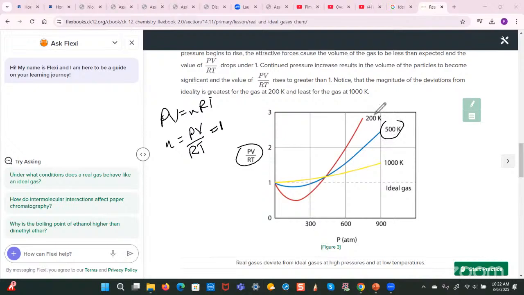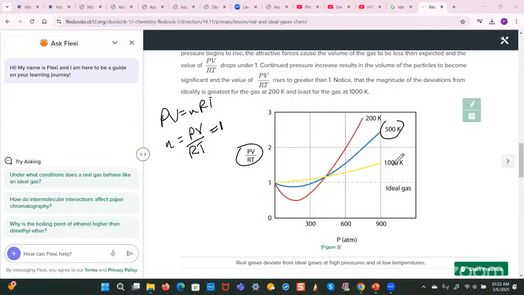At 200 Kelvin, this is the plot. And then you notice that at 500 Kelvin, the curve becomes flatter, right? And then at 1000 Kelvin, it becomes even more flat. So in other words, as the temperature increases, it's approaching the plot for the ideal gas, all right?